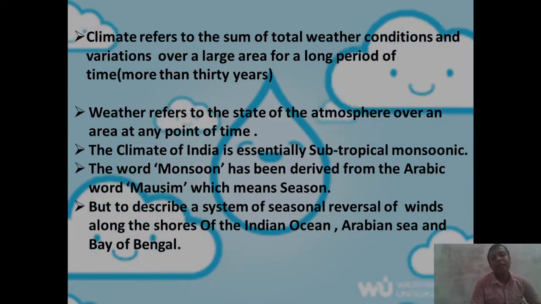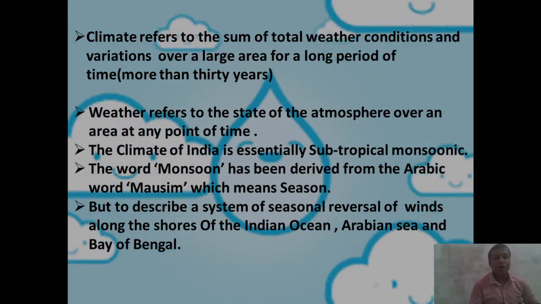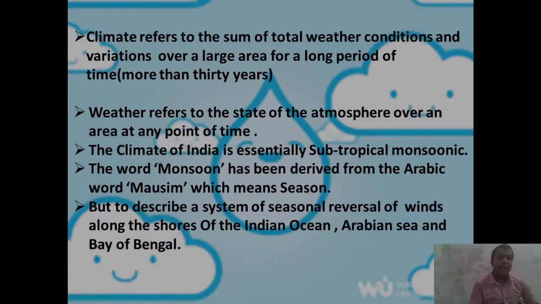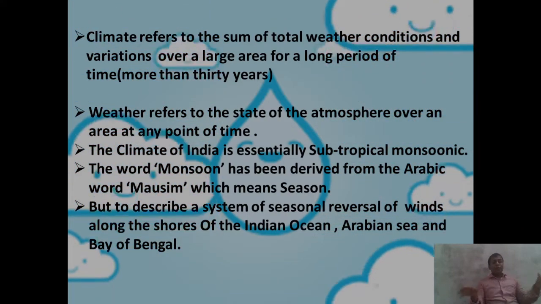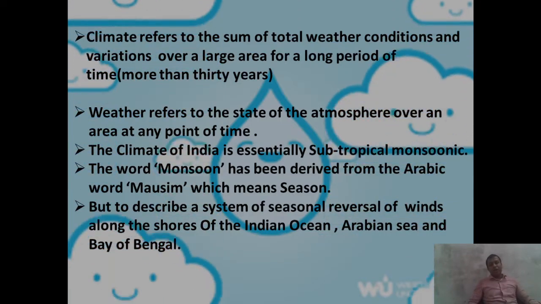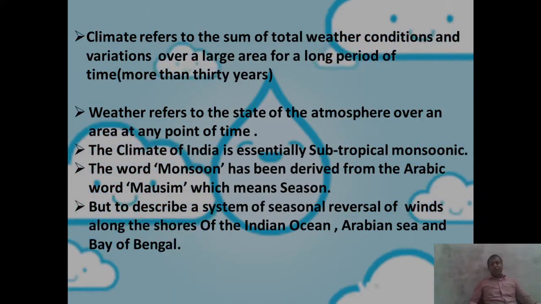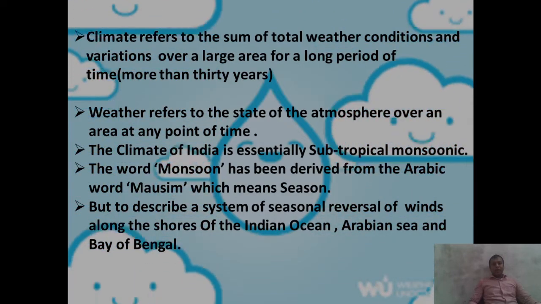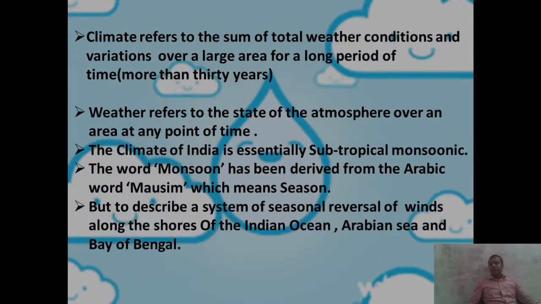Weather means the state of the atmosphere over an area at a point of time. So if you live in this particular area of Motihari, in a very short period of time we are facing some atmospheric condition.